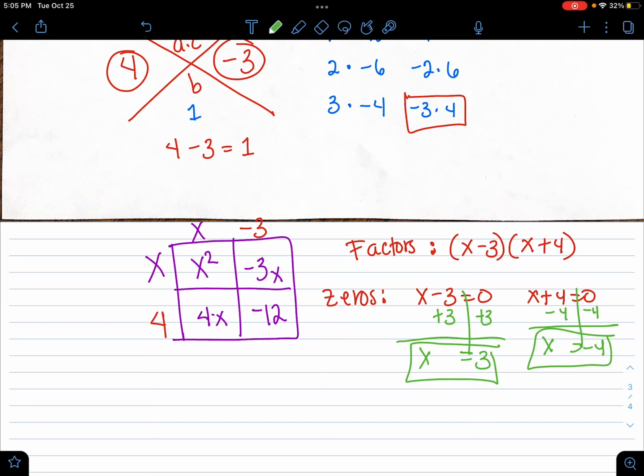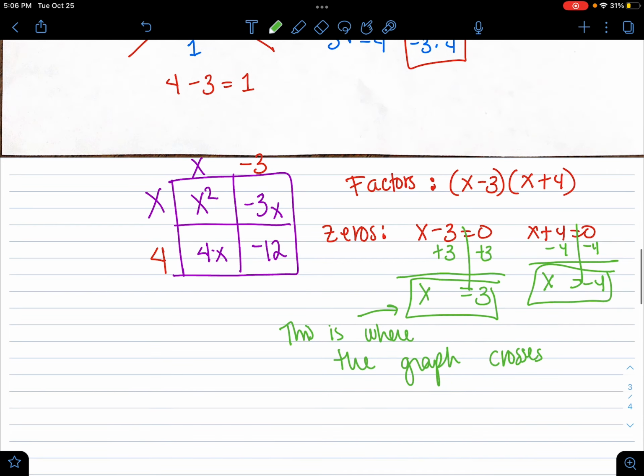So these would be our answer. This is where the graph crosses the x-axis. Okay? All right, if you have any questions, please let me know.